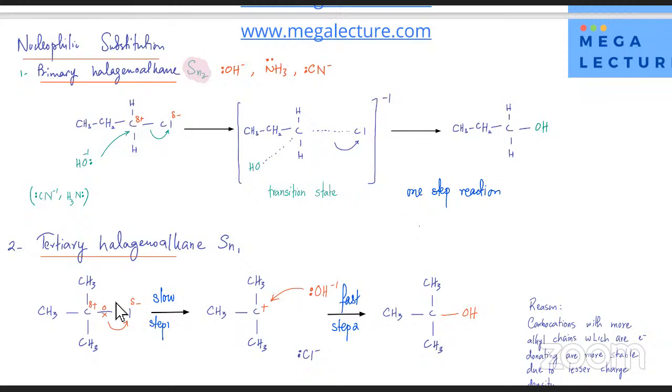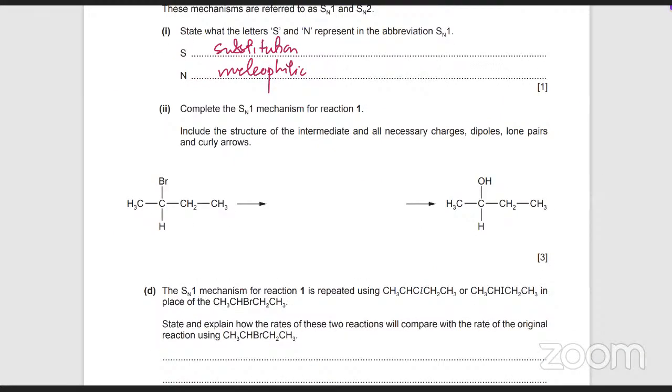अब SN1 में होता था, that was for tertiary halogenoalkanes, that the Cl would break off first and a carbocation would get formed because the Cl is gone, and then the OH -1 would come and take its place. ठीक है? So it would form an alcohol. So we have to draw this one, the SN1 mechanism. In this case, तो इसमें क्या होगा? The Br is going to get knocked out first.